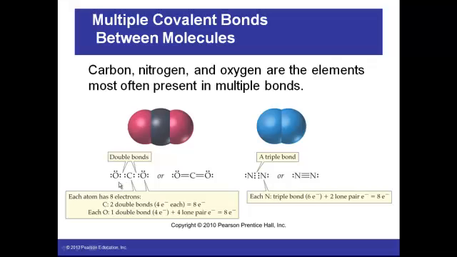So now we've got a total of 8 electrons around the oxygen. And if this carbon also shares 2 pairs with this oxygen, the carbon is now okay and has 8 electrons around it, and this other oxygen has 8 electrons around it. And so all of the atoms have reached their octet state.